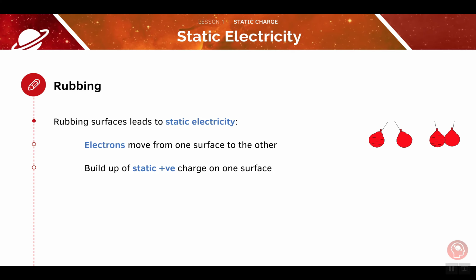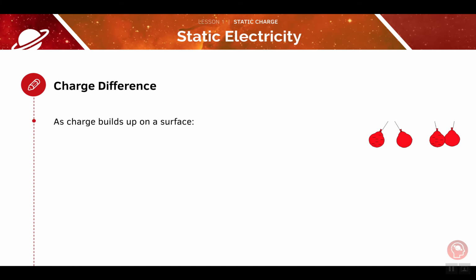We get a build-up of static positive charge on one surface and an equal static negative charge on the other. As charge builds up on the surface, we start to create a difference in charge between the charged surface and Earth. Usually, the Earth is at 0 volts. As we charge the surface, the difference in charge between the surface and the Earth will get bigger and bigger.